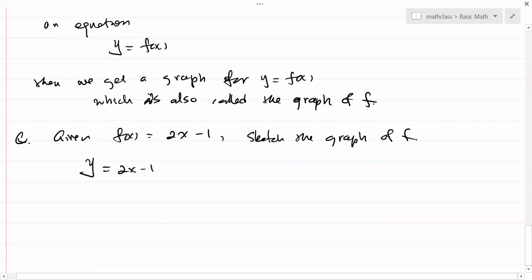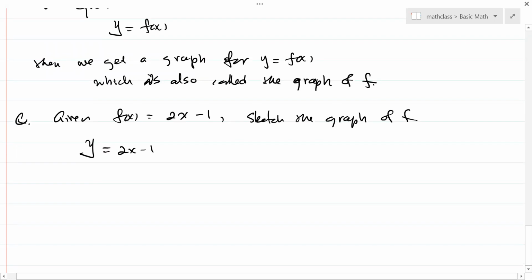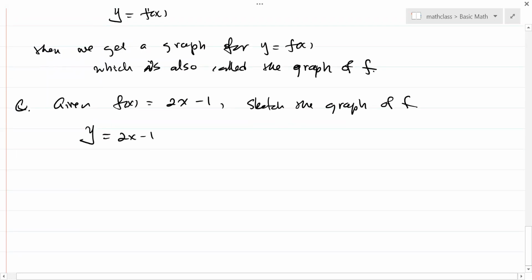Now, this is a linear equation, right? We learned before. So how do you understand this linear equation? How do you sketch it? This linear equation, the graph, what does a graph mean?